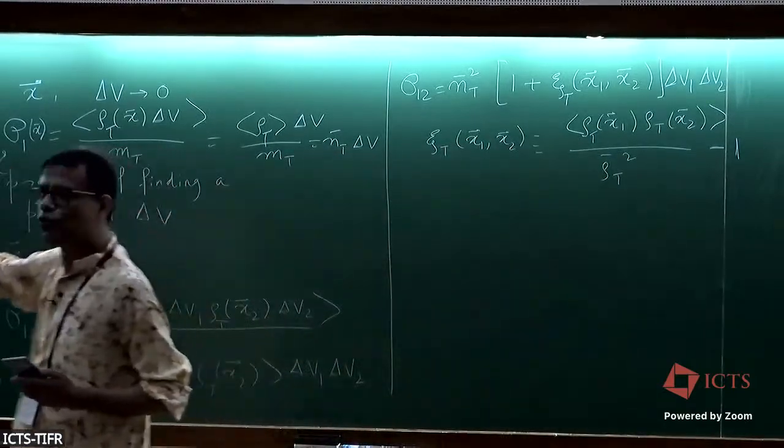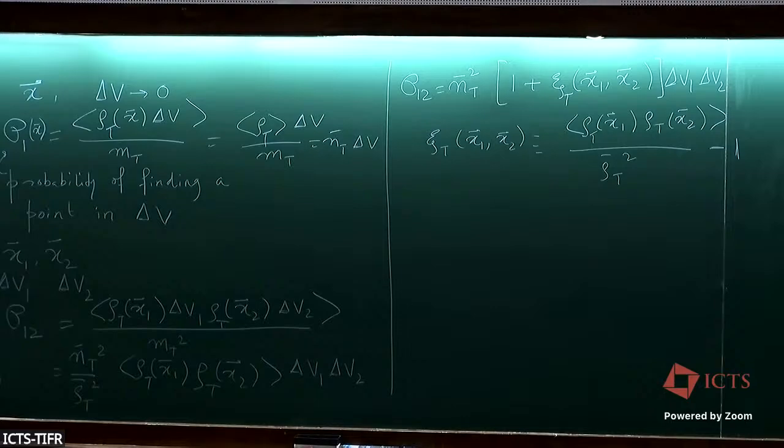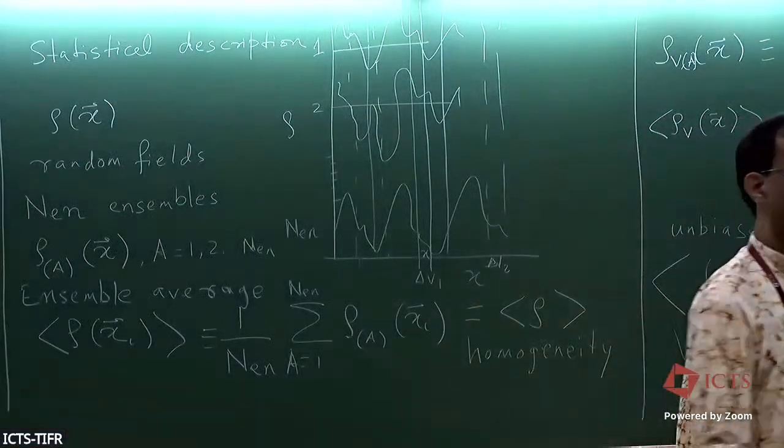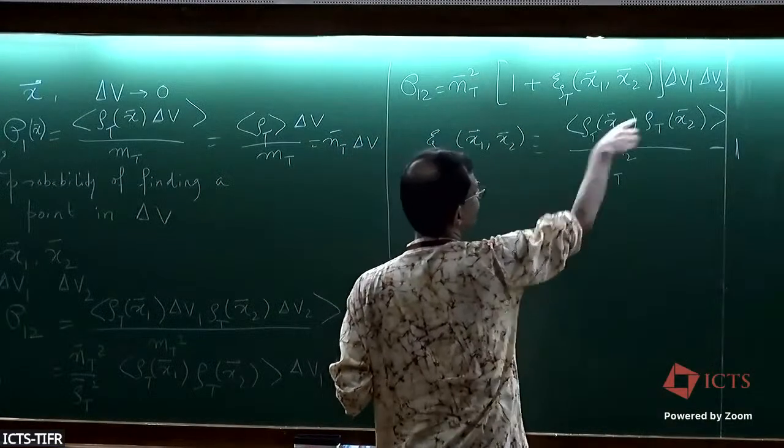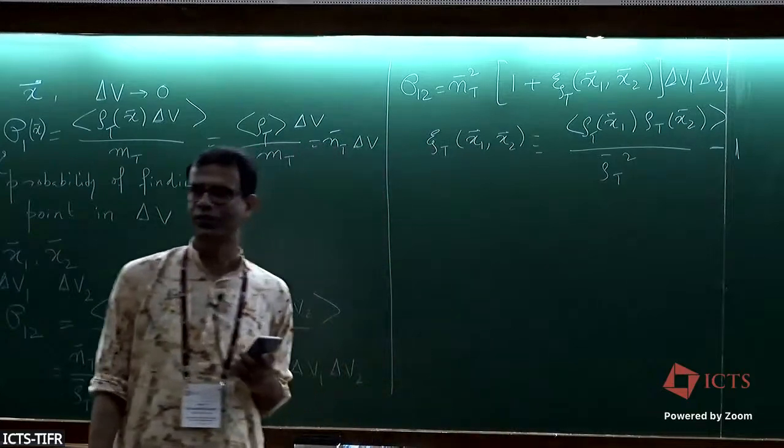If the densities were distributed randomly, then what is happening in delta V1 will not be related to delta V2. Then what you said would have been exactly correct. You do it here and you do the same thing at the other place independently. It wouldn't matter which way you do it. You would have ended up with number density squared times delta V1 delta V2.